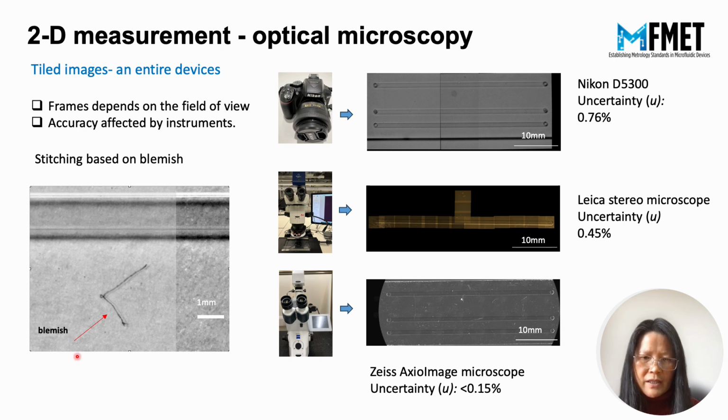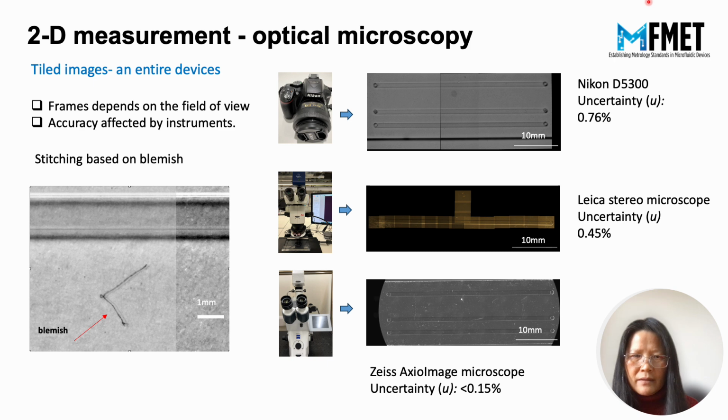Common features such as a blemish can be used to align the frames. An example of this is illustrated here, showing a misalignment of 10 pixels between 2 frames, giving a clearly visible gap. With a stitched image of the entire device, the total length of the channels can be measured.